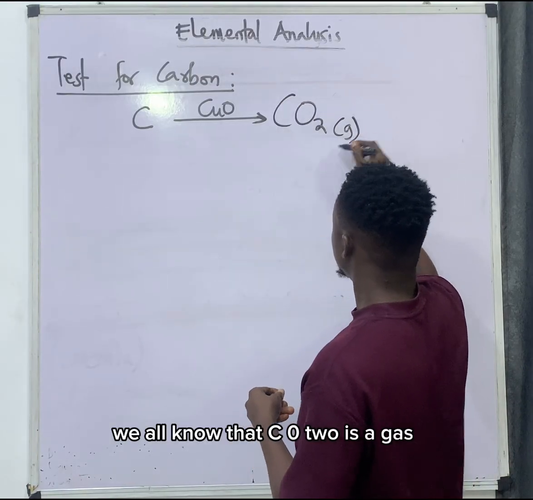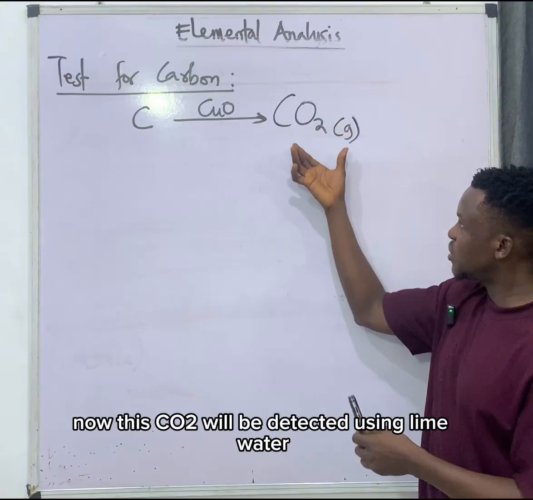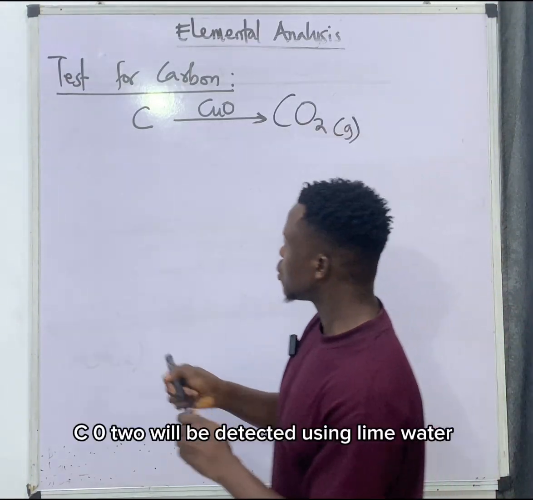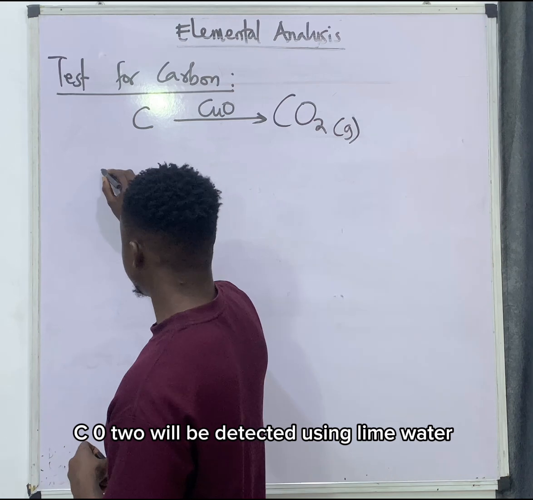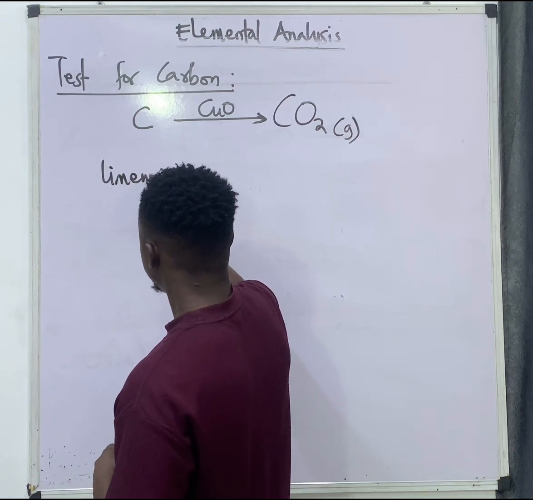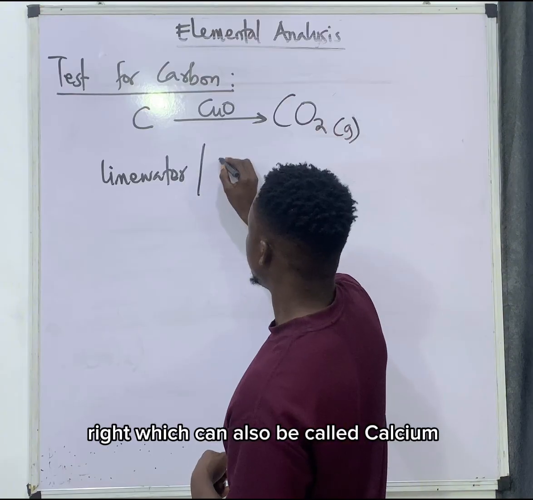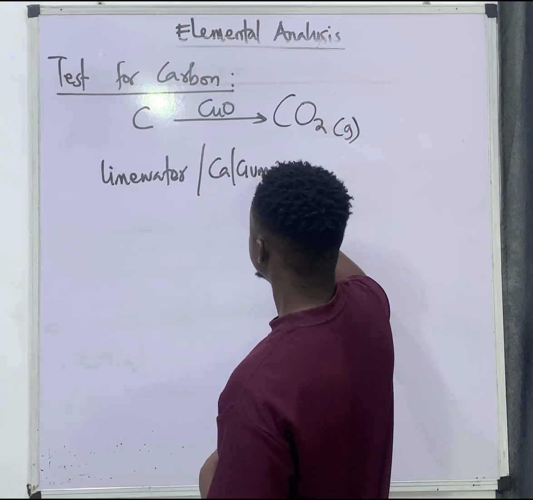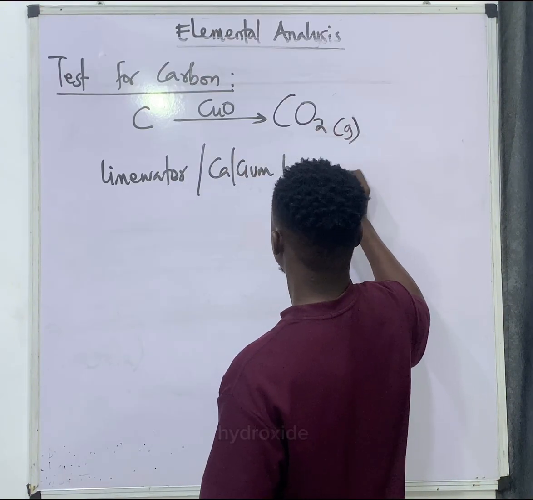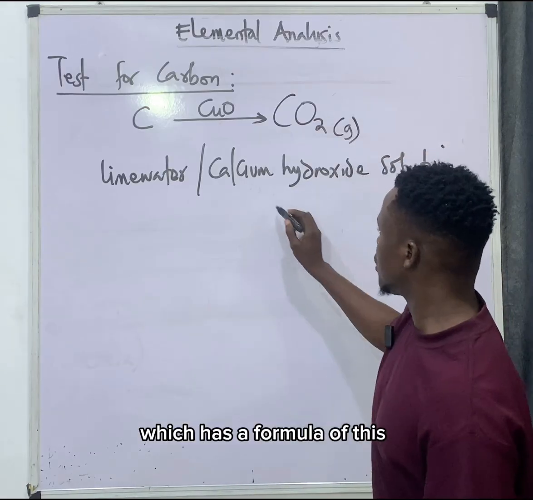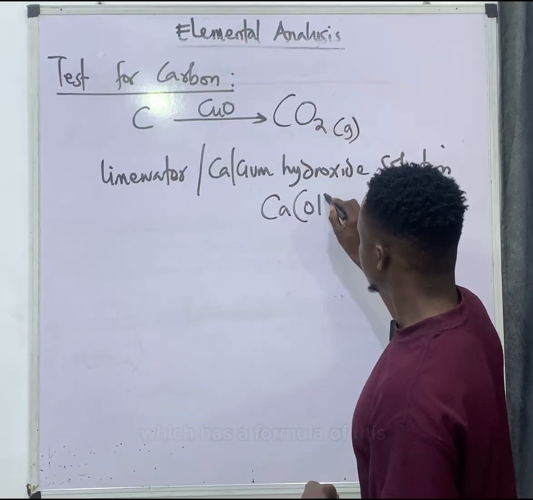We all know that CO2 is a gas. This CO2 will be detected using lime water, which can also be called calcium hydroxide solution, which has a formula of this.